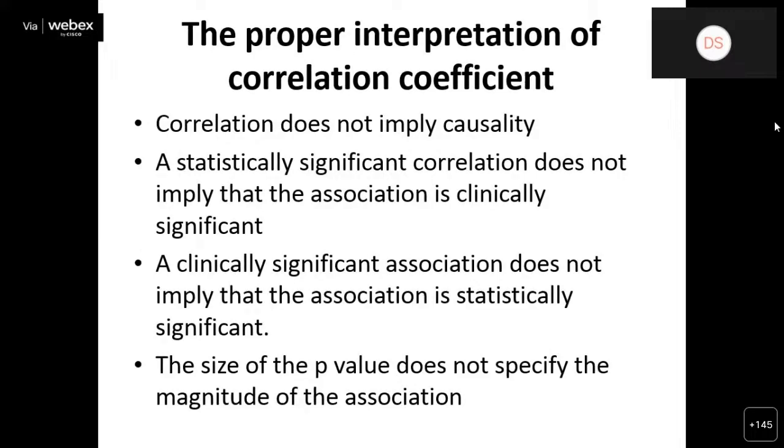Remember, please, the correlation does not imply causality. The first example we discussed is the number of churidars and the examination score. There may be a positive correlation between the number of churidars and the examination marks. As we discussed, students with more churidars come from higher socioeconomic status, and those families are likely to give better attention to their children.